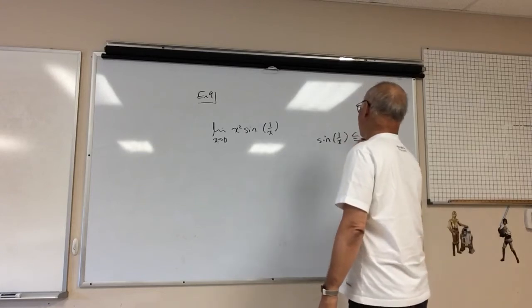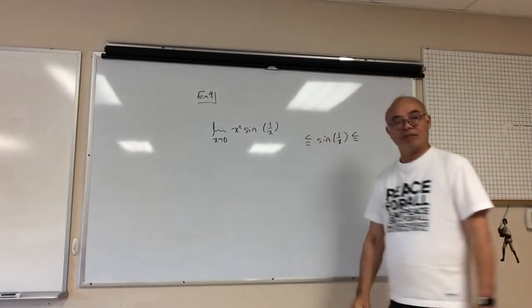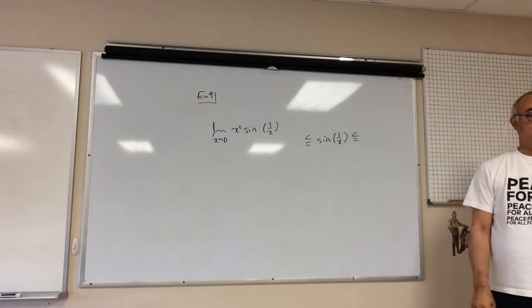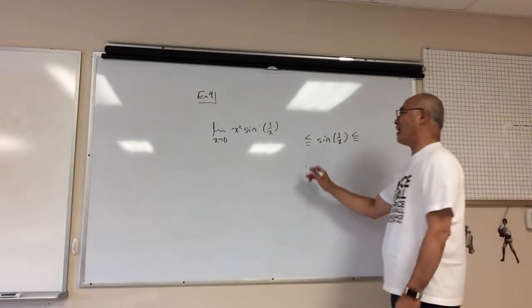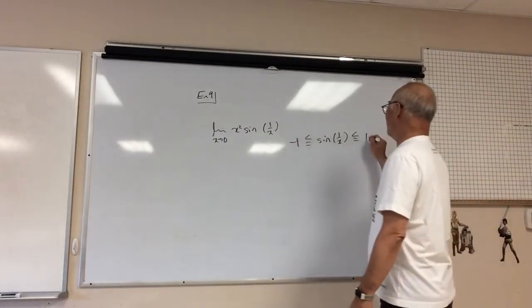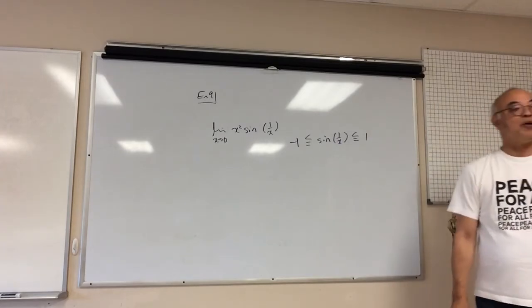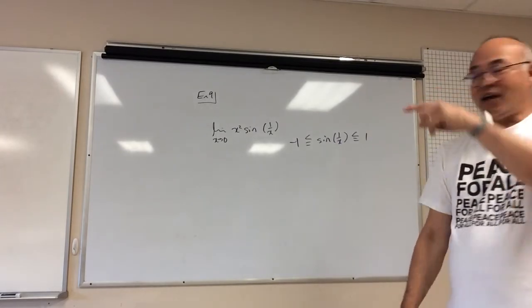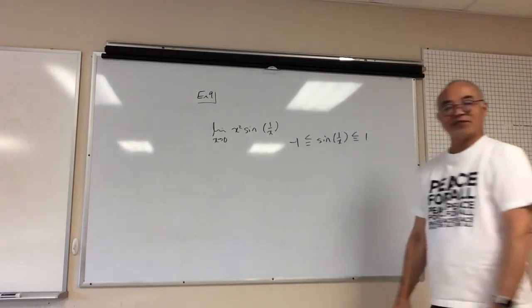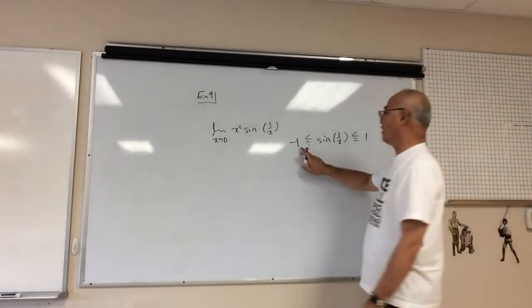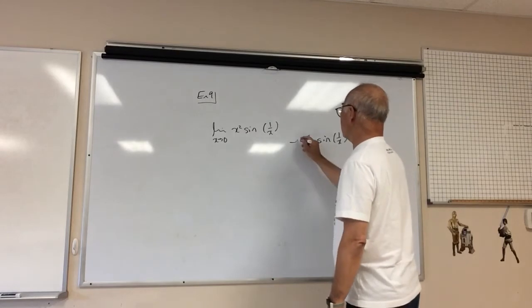What is the maximum value and what's the minimum value? Any sine is going to be between 1 and negative 1, right? So it's bounded by 1 and negative 1, correct? Any way you look at it. Okay. So now I'm going to multiply everything by x squared.